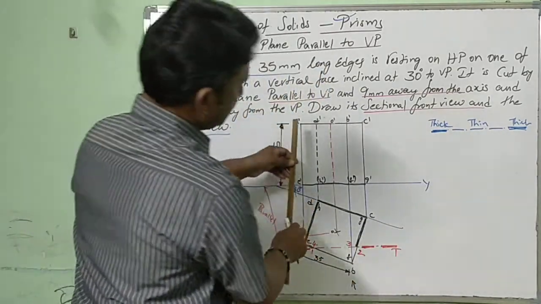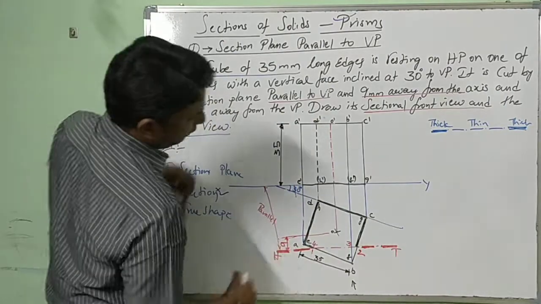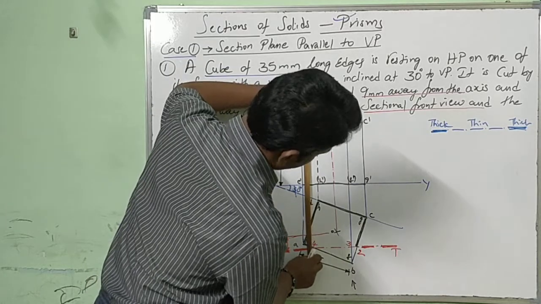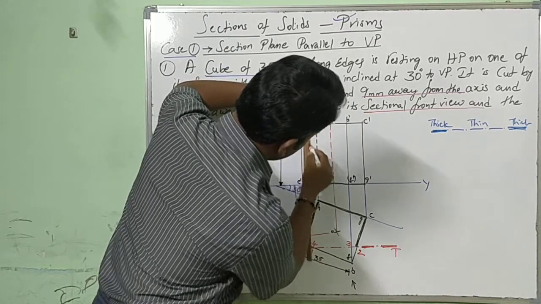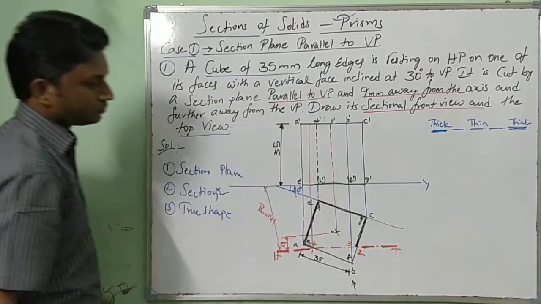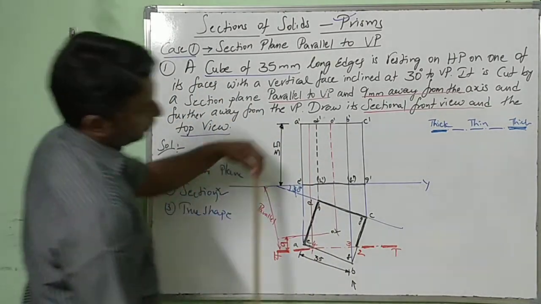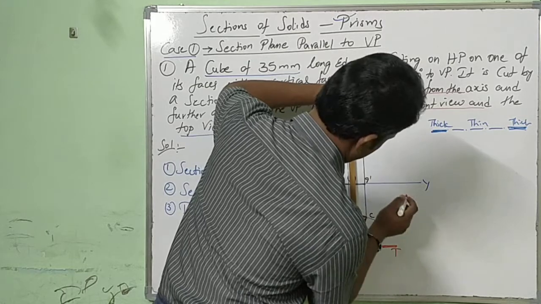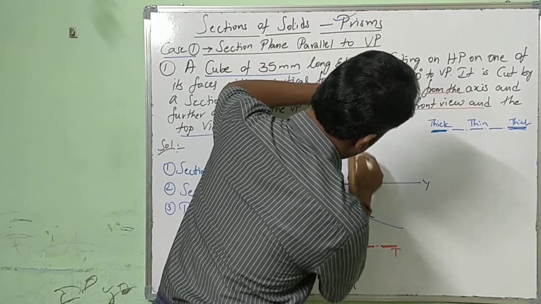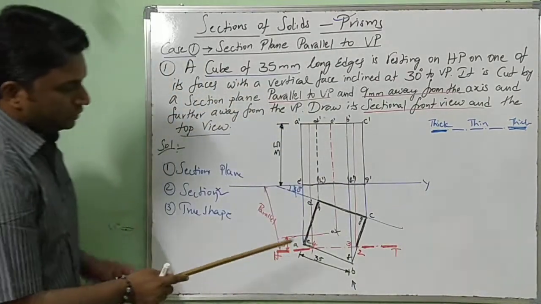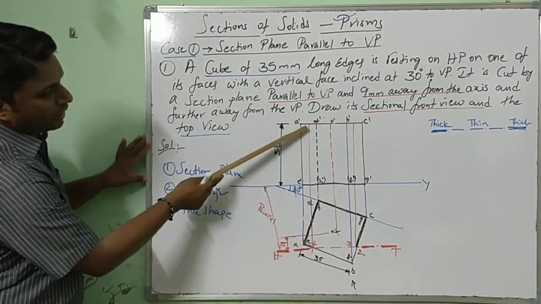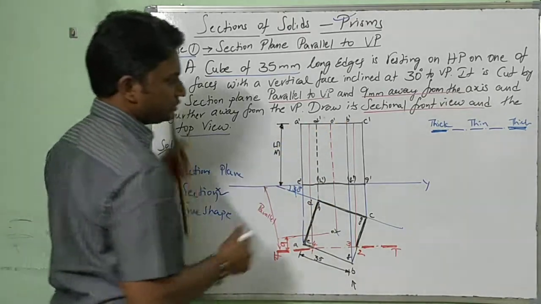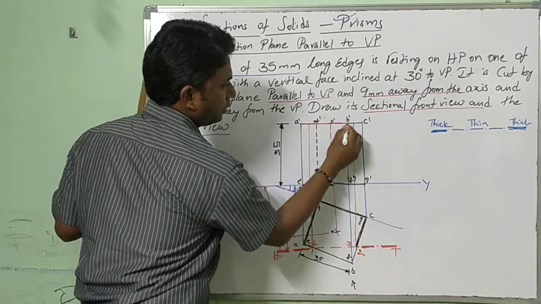From 1-4 I am keeping a straight line and drawing the projector, up to the front. From 2-3 I am keeping a straight line. See, from 1-4 I have drawn a vertical red line. From 2-3 I am drawing a vertical line. Now join them.